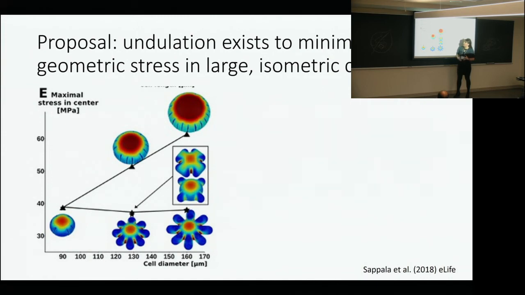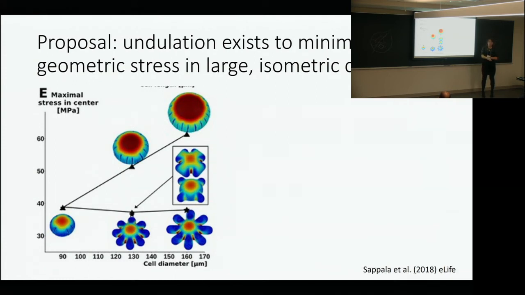Then they're looking at the maximal stress distribution within a finite element simulation. As this cell grows larger, with isometric expansion, you see it accumulating a large degree of stress due to that shape, whereas if you undulate, you can minimize some of that stress.